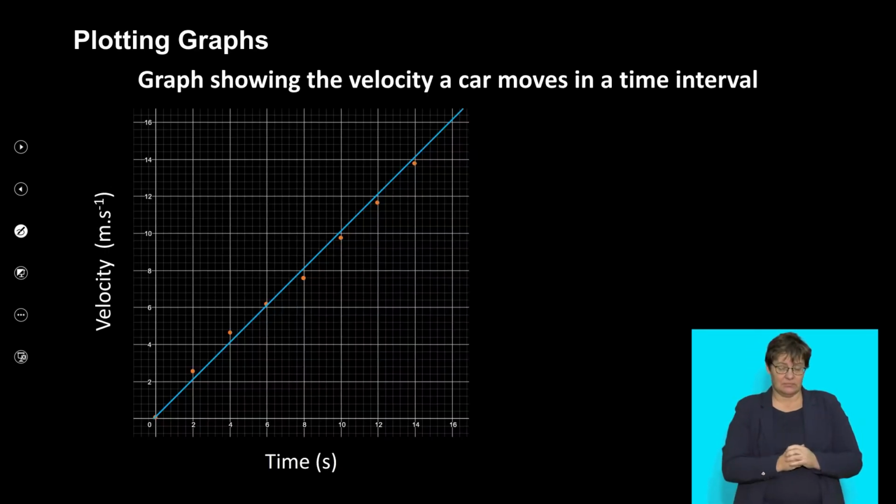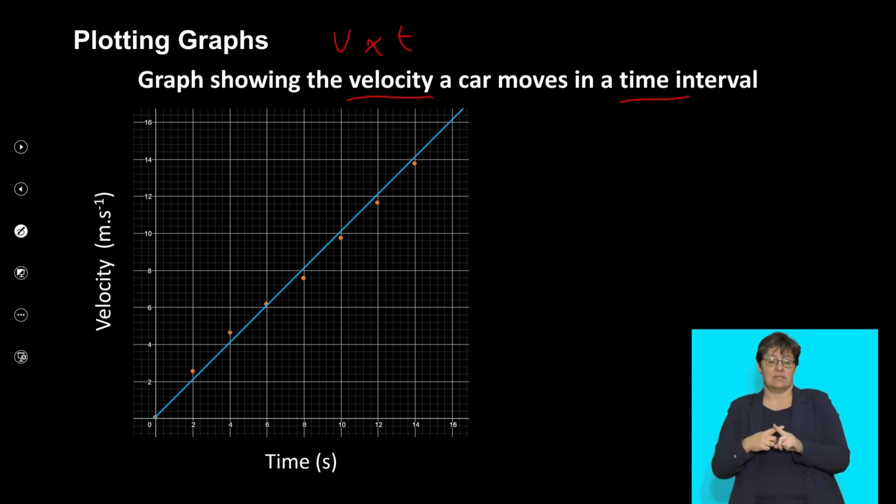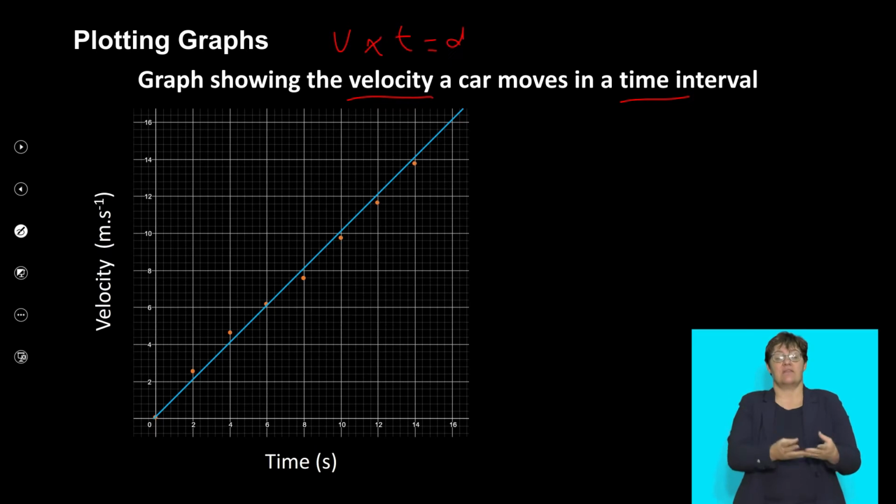So if we look at this graph, which shows velocity over a period of time, and it's a car traveling, we know that velocity times time is going to give you distance. So the area under this graph can be used to work out the displacement or the distance versus time graph.